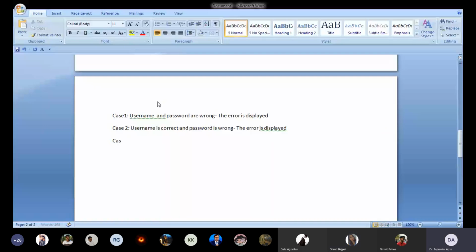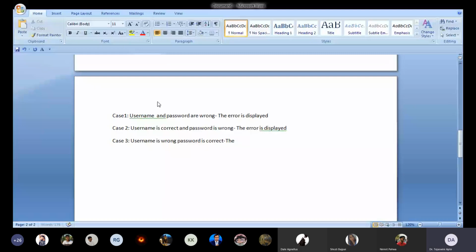So these are the different cases with respect to the decision table. Case 3 may be the username, that's what we have discussed in the table as well. Username is wrong, password is correct.